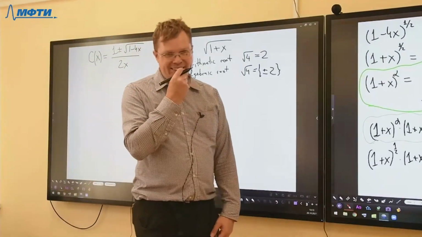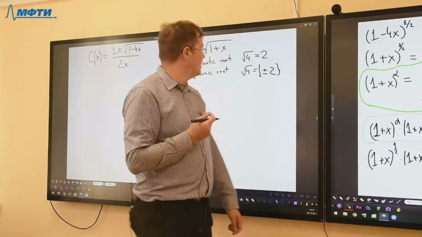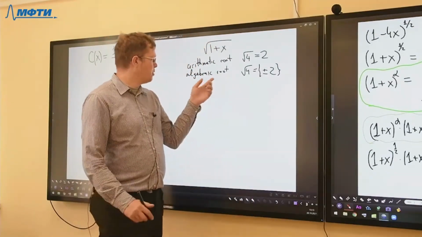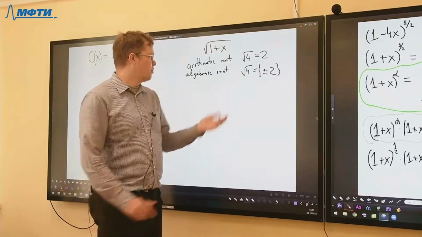What's the difference between arithmetic and algebraic? What do you mean by that? Usually the algebraic root is all the numbers which are roots of this.